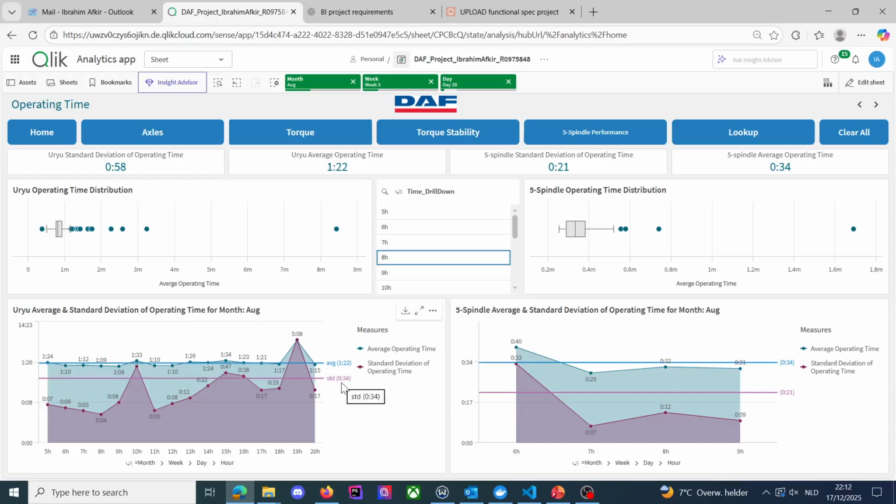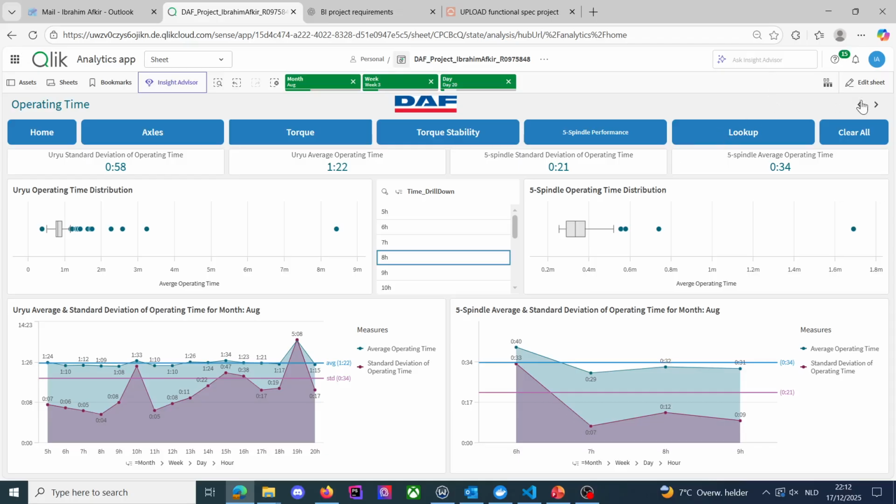Here we have hours, but this reference line is for the whole day. So on 20 August we had 0.34 seconds as a standard deviation for Oreo.